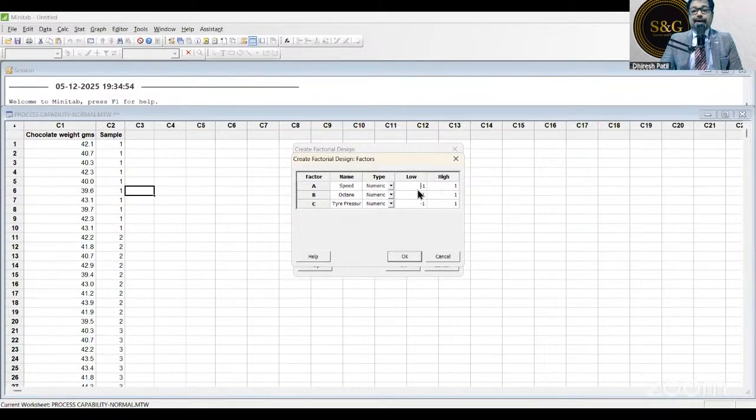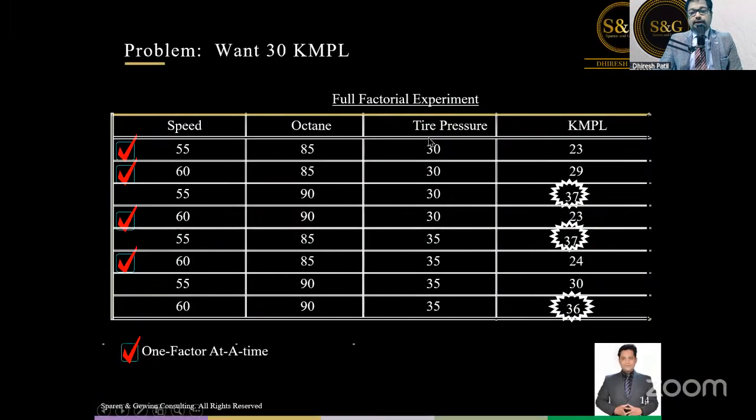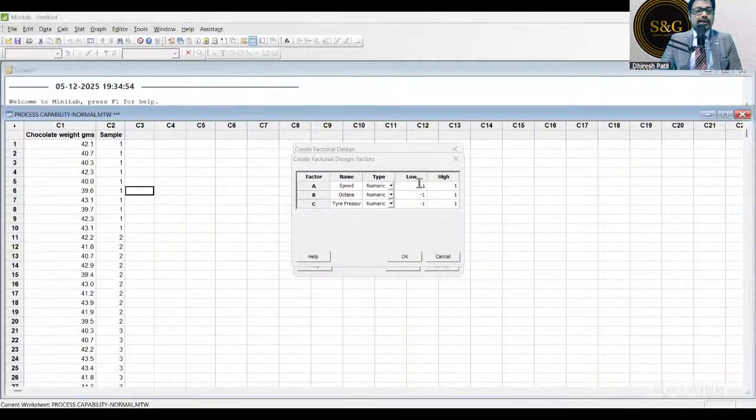So for speed, what is the lower setting? Let me just check quickly. 55, 60, 85, 90 and 30, 35. So the lower setting is 55, the higher setting is 60.